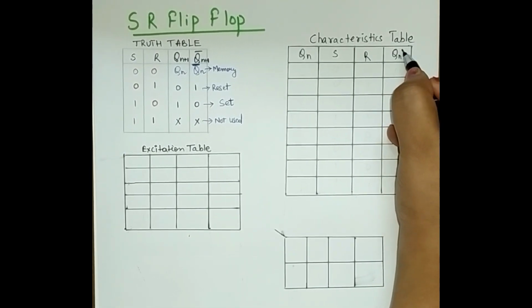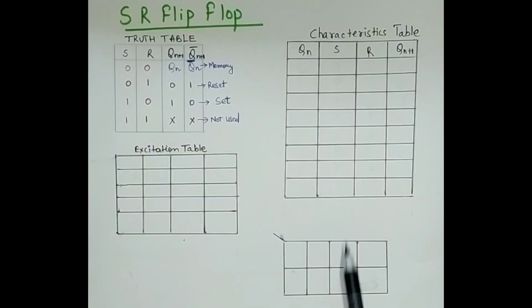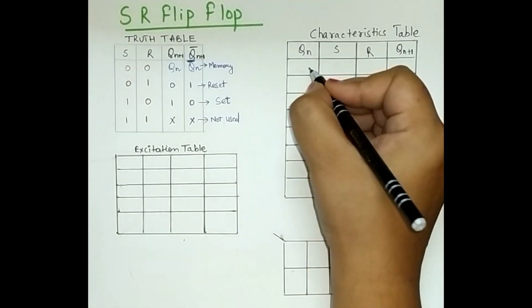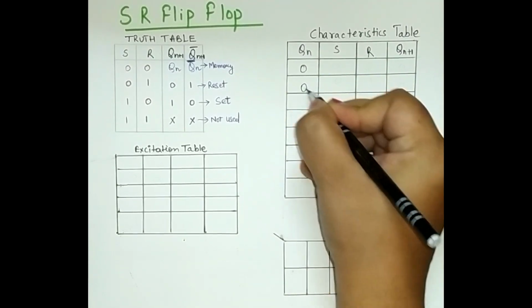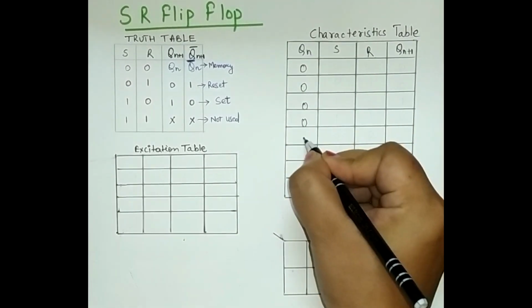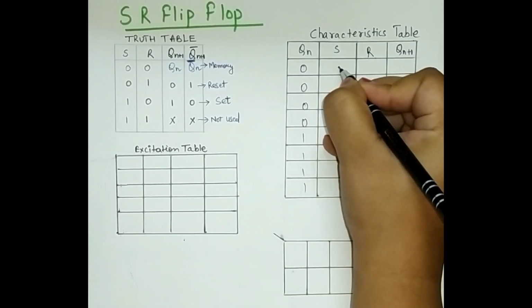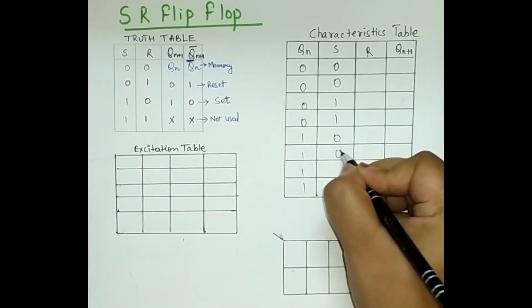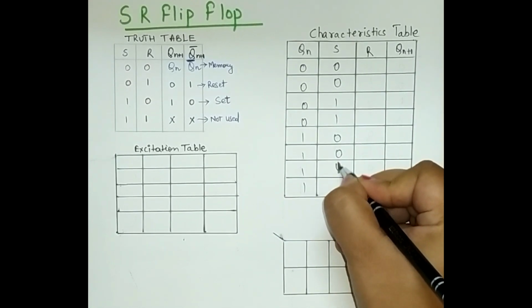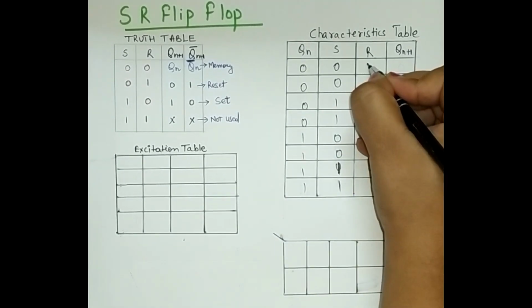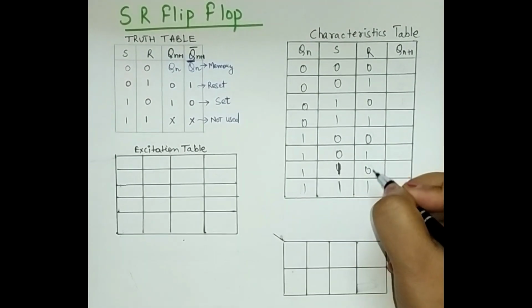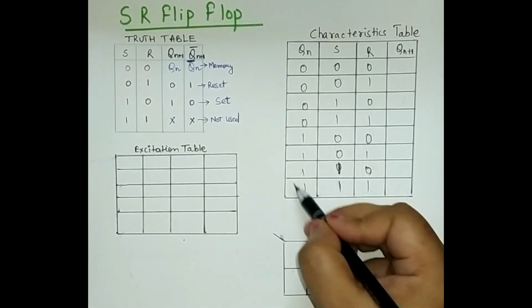Next value. Since it is a 3 variable input, we will write down the truth table: 4 times 0, then 4 times 1, then 2 times 0, 2 times 1, 2 times 0, 2 times 1, then 0 1 0 1 0 1 0 1. So this is a 3 variable input truth table.